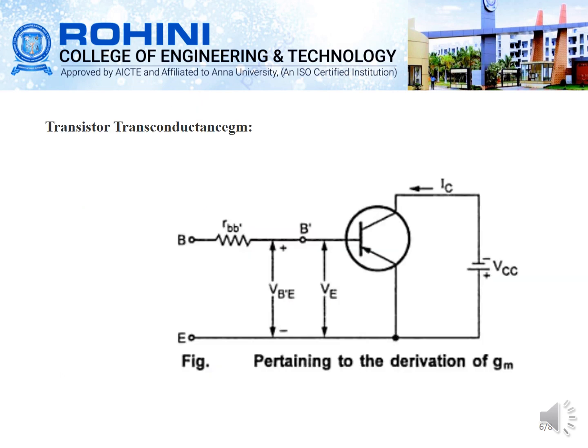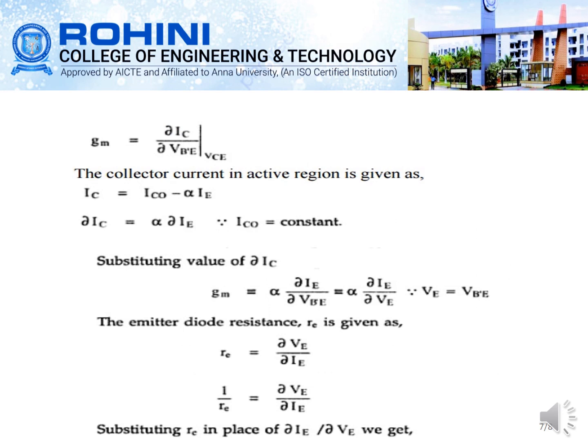The transistor capacitance value diagram is given here. Here we calculate GM is equal to dou IC divided by dou VB'E. The collector current in the active region is the minority current plus the majority current, so dou IC is equal to alpha into dou IE. Substituting, we get GM is equal to alpha into dou IE divided by dou VB'E.